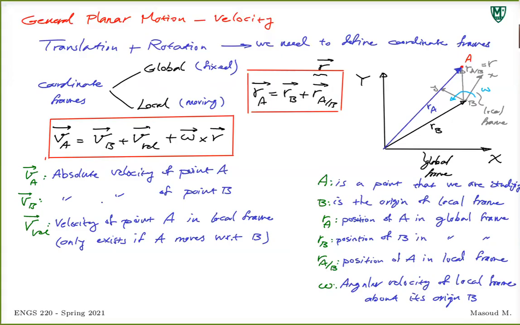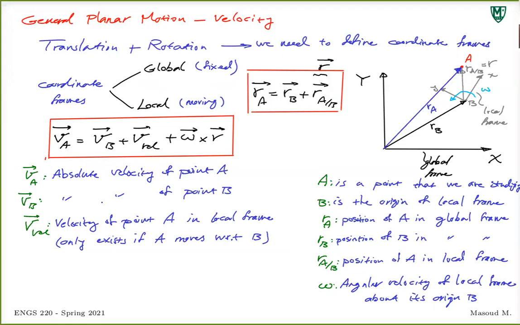If everything moves together, the local frame and the rigid body, then there is no relative velocity. All the points on this rigid body have no velocity in this local frame.